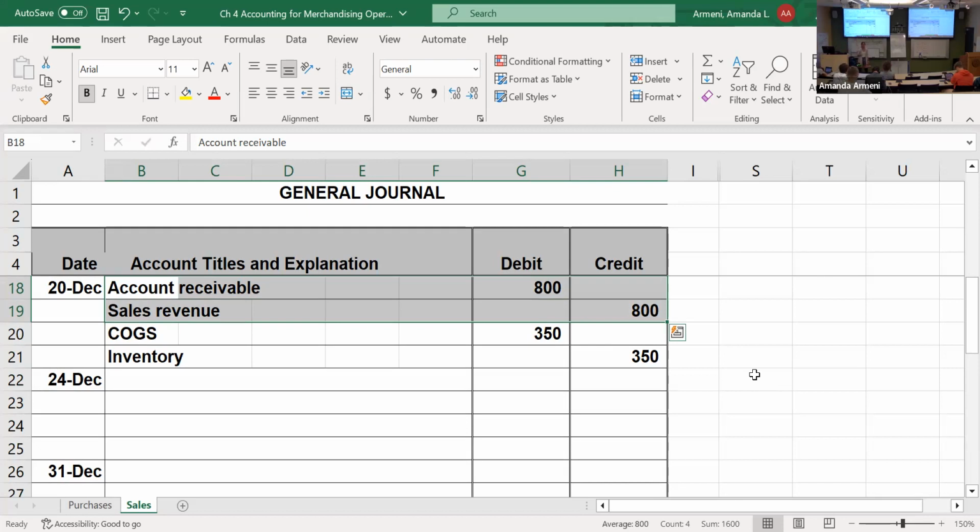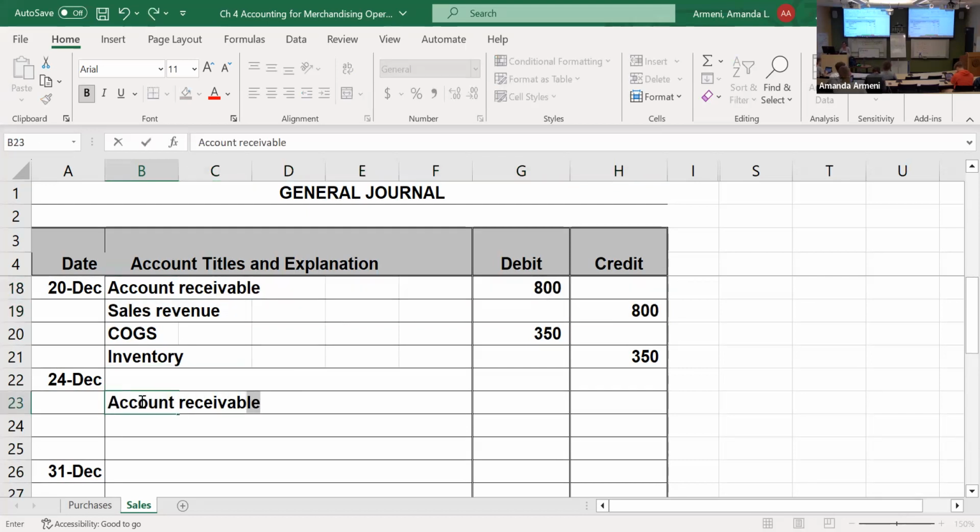So the first thing that we're going to do is credit accounts receivable $150. What again we are showing is that we originally charged them 800, but then they sent some stuff back to us. It wasn't what they wanted. So we originally thought they were going to pay us 800, but now we're taking $150 off that bill. Are you with me?